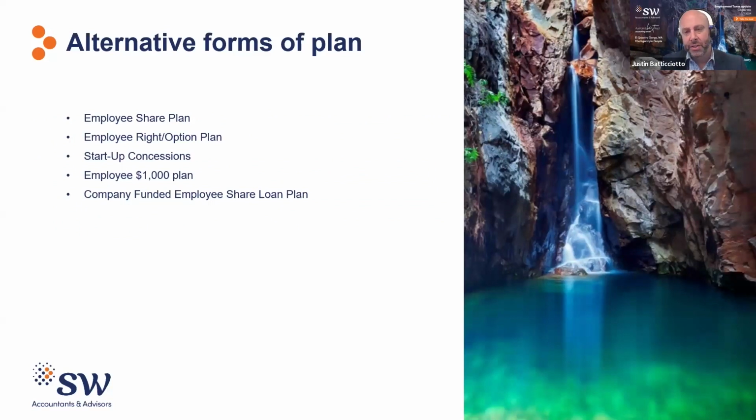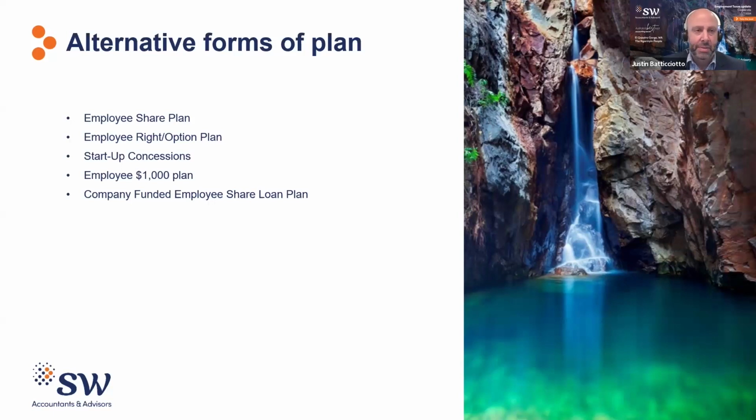There are a lot of different forms of employee share schemes out there, and this slide really just highlights some types of alternatives that organizations do consider. So you've got the more traditional employee share schemes, you've got employee rights schemes or stock option schemes. You have schemes that qualify for the startup concessions, and we'll spend a few slides going into this.